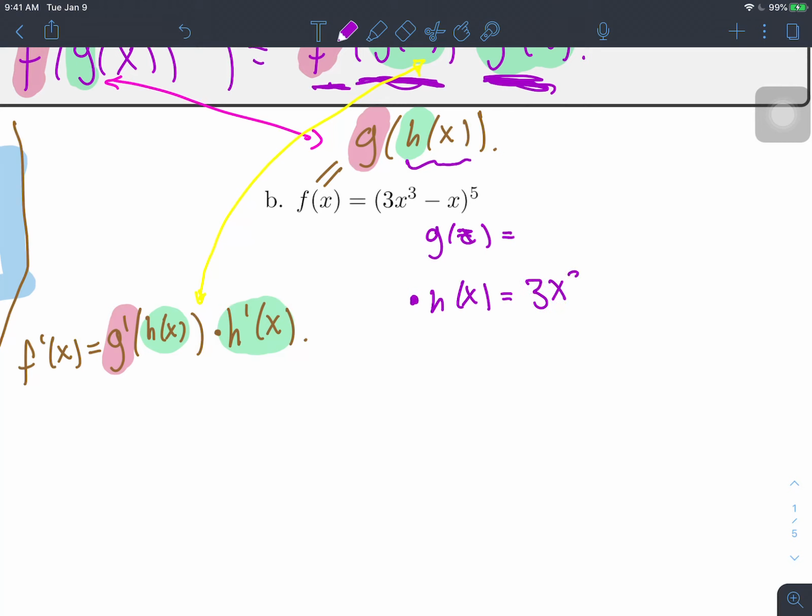Three x cubed minus x. Now g of z is the function that if I plug 3x cubed minus x in for z, I get 3x cubed minus x to the power 5. What should it be? Z to the power 5.